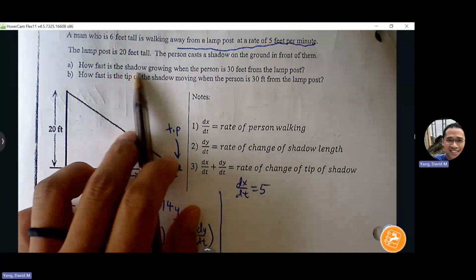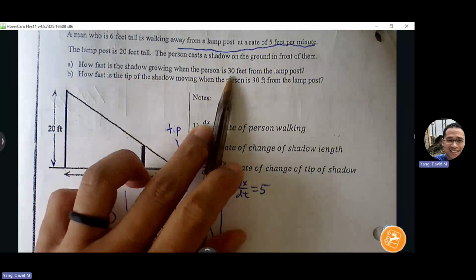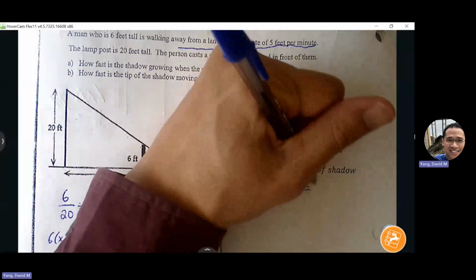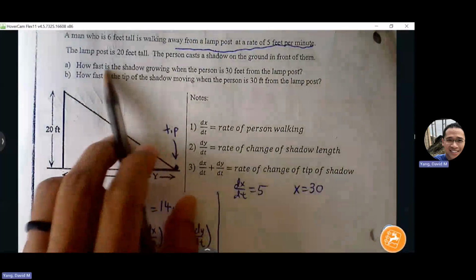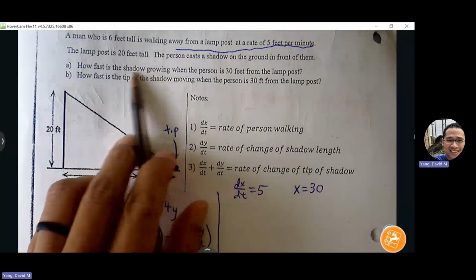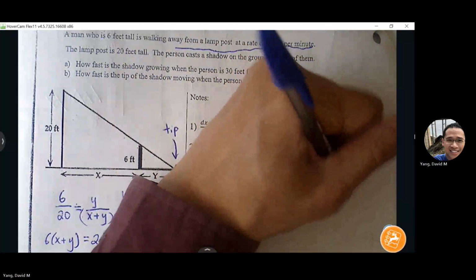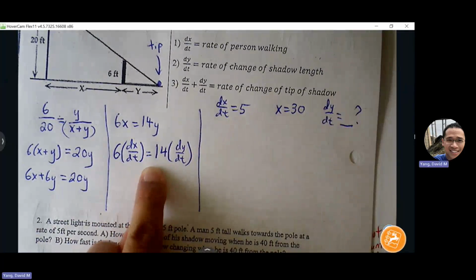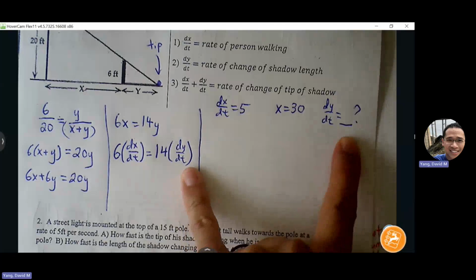Okay, how fast is the shadow growing when the person is 30 feet from the lamppost? 30 is x. How fast is shadow growing? What are we looking for here? dy/dt. Okay, look at what we have so far. Look at what equation we have. Do we have enough to solve for dy/dt?